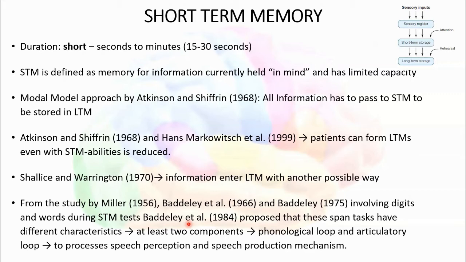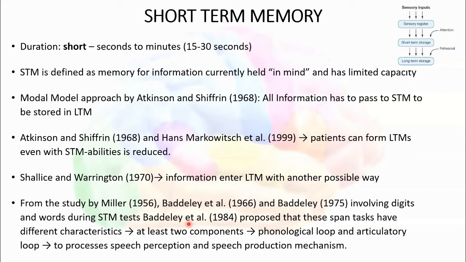In 1968, Richard Atkinson and Richard Shiffrin proposed in the model that all input information is first stored in the sensory system. Then the information items selected by the attentional process pass to short-term memory.